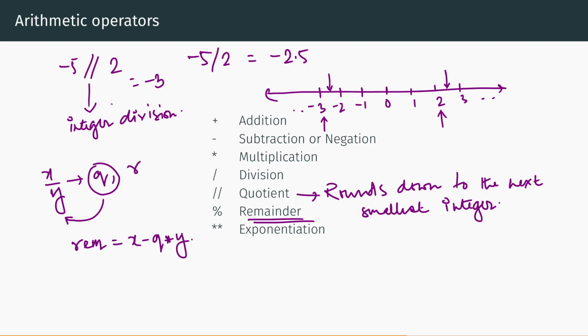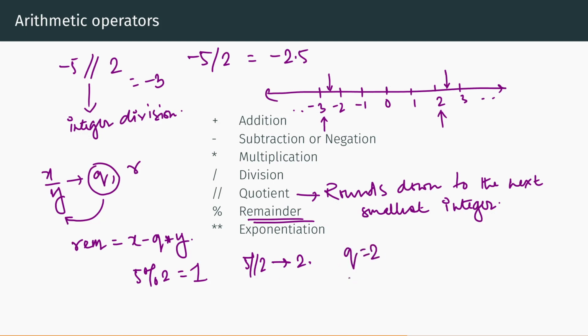So let's take a simpler example in which we have positive numbers. Let's say 5 modulo 2. The remainder of 5 modulo 2 is 1, right? How do we get this 1? What we do is we find the quotient, which is the integer division of 5 and 2. The quotient is 2, so q equals 2.